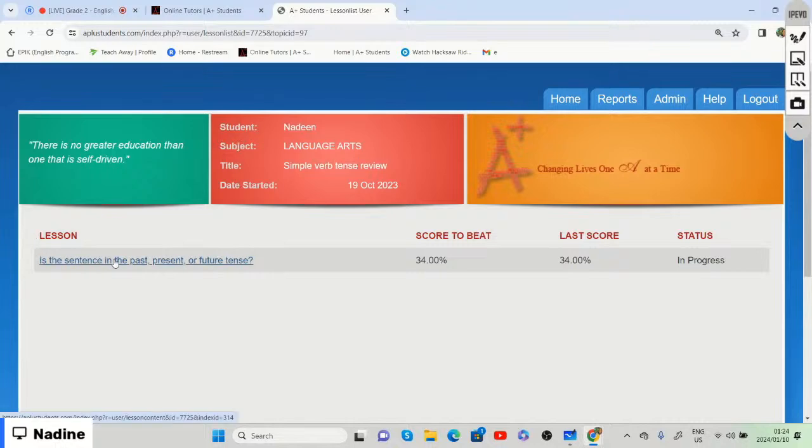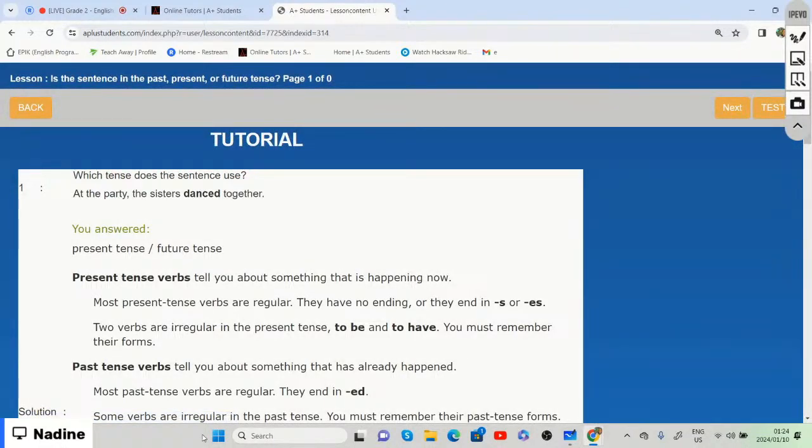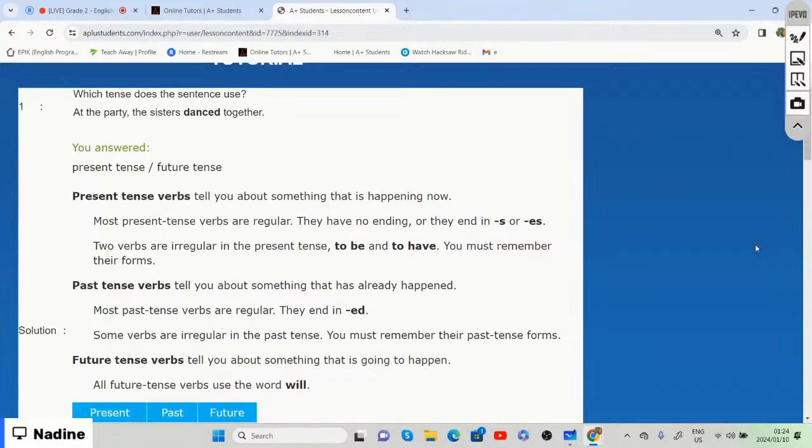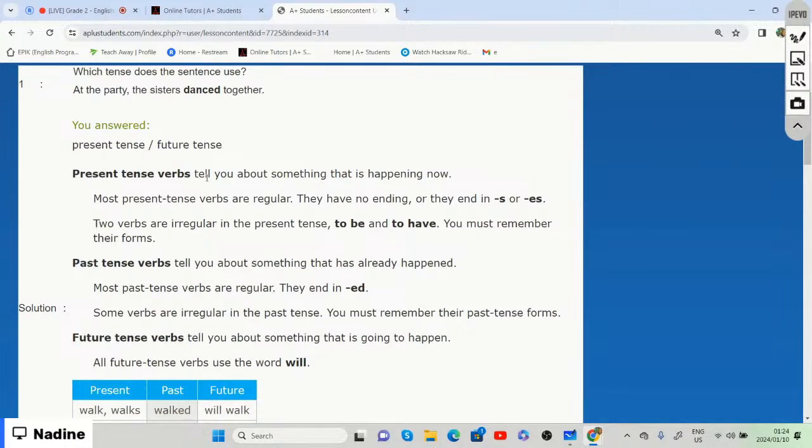All right, so we're going to our lesson that says, is the sentence in the past, in the present, or in the future tense? Once again, before we continue, present tense verbs tell you about something that is happening now. With the regular present tense, the verb ends in S or ES.